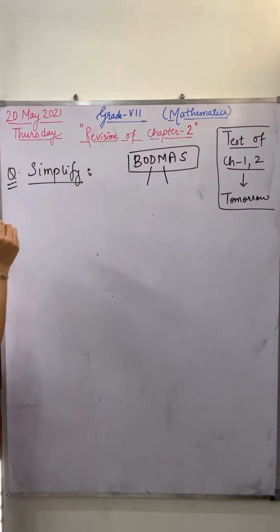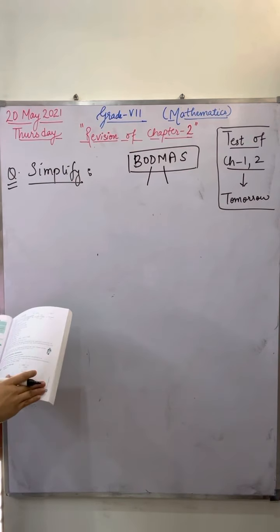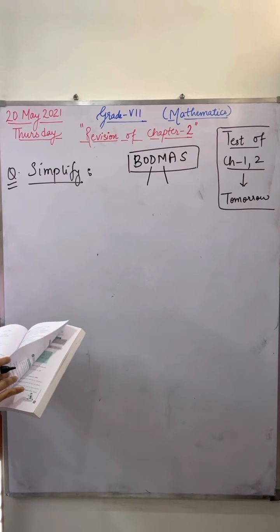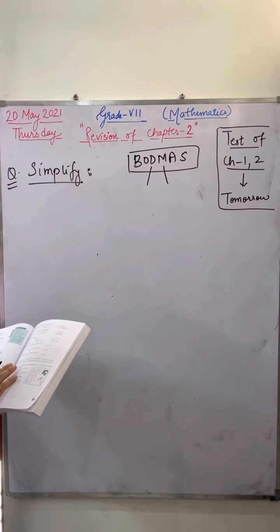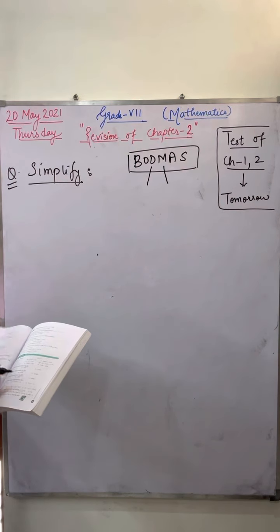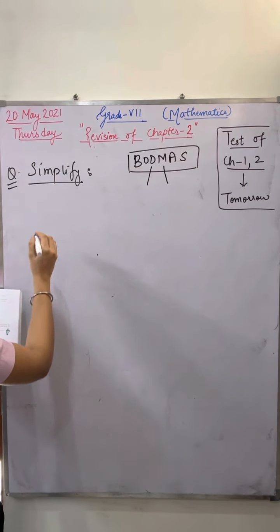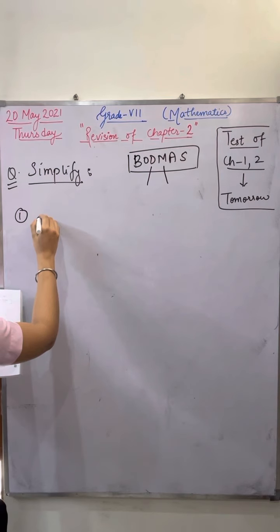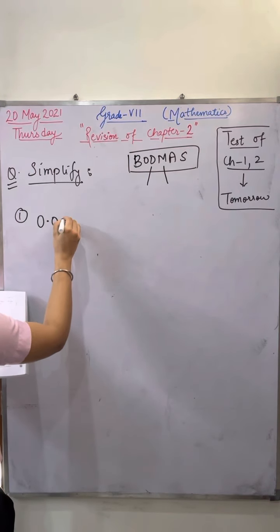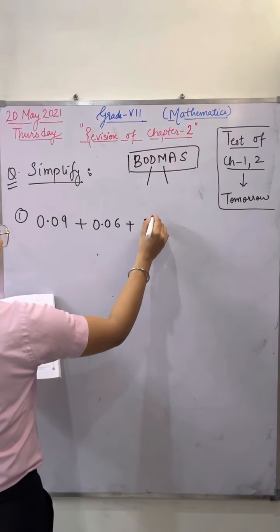Okay, ma'am. Now, simplification of decimals. Do the first question of 0.09, 0.06 and 5.